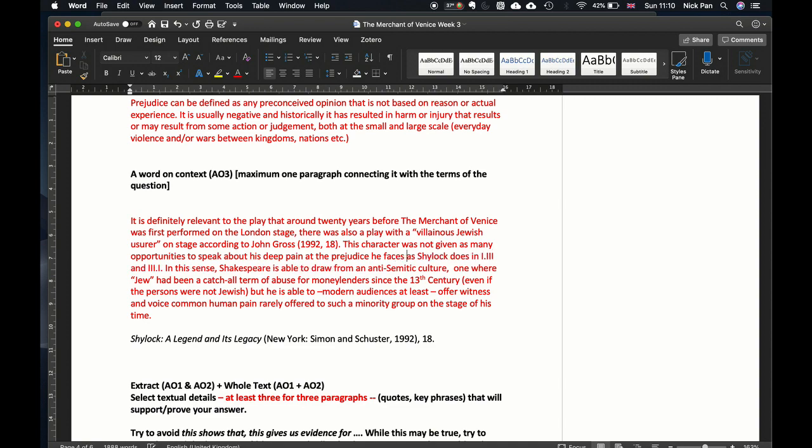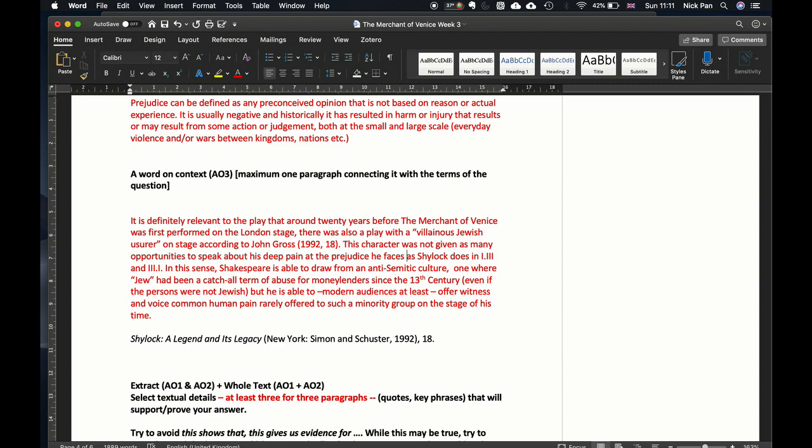In this sense, because Shylock is given these two opportunities, Shakespeare is able to draw from the anti-Semitic culture of Venice, but he's also able to offer Shylock as a Jew a rare opportunity to make an appeal to humanity in a way which is interested in destroying prejudice.